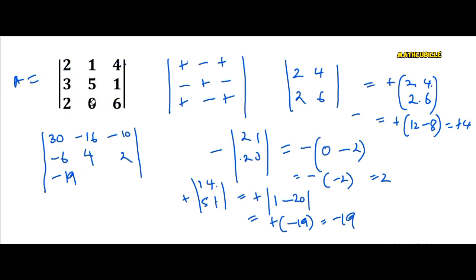Then for 0 now, rule this vertically and horizontally.